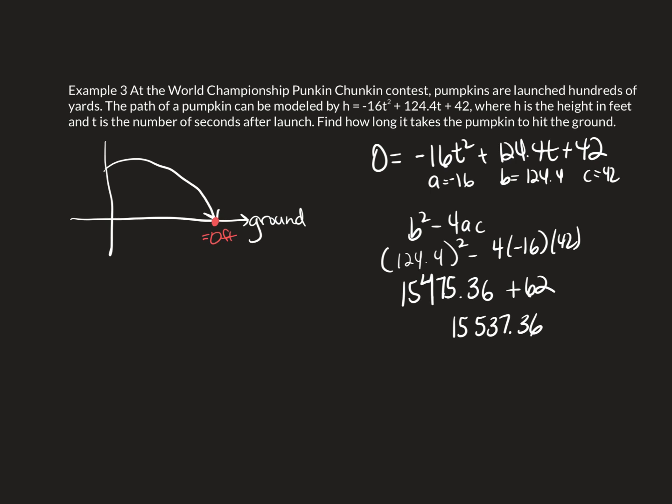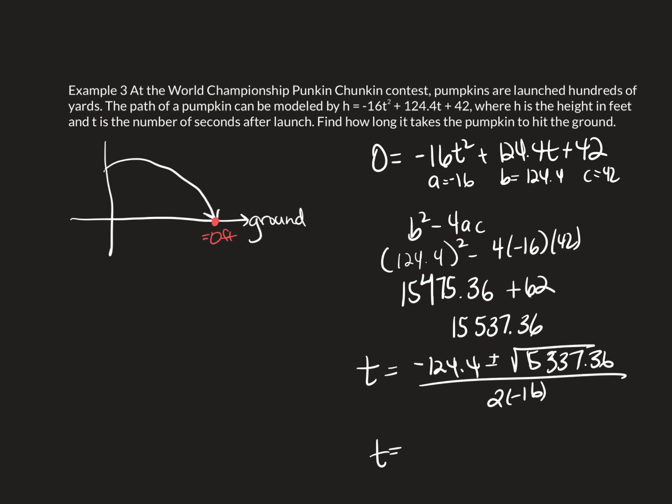It is not. And I am going to do the quadratic formula. It's usually x equals, but in this case it's t equals because that's where x would be. t equals negative b plus or minus the square root of 15,537.36 all over 2 times a.